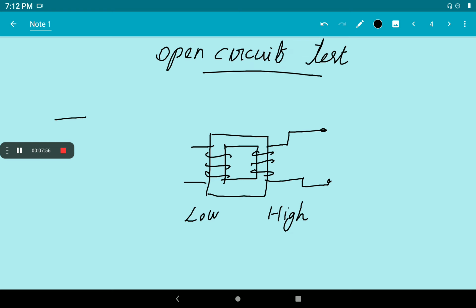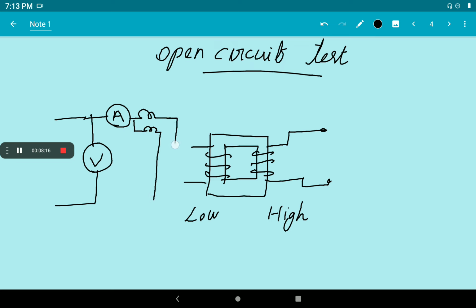Normally the low voltage side is selected to connect the normal supply voltage, and the supply voltage is applied through a voltmeter, an ammeter to measure the current flowing, and a wattmeter. The wattmeter has two windings.